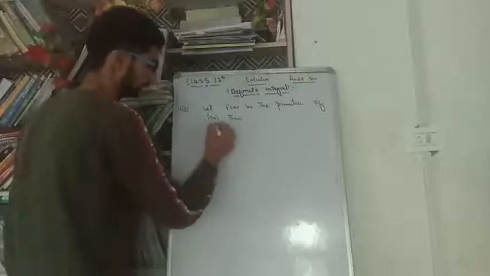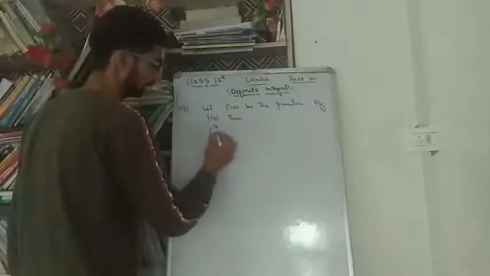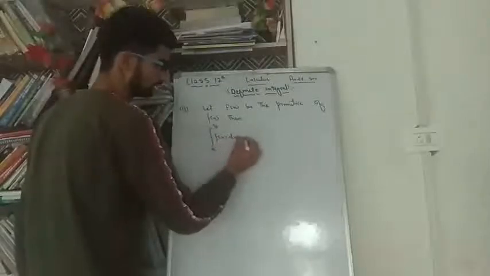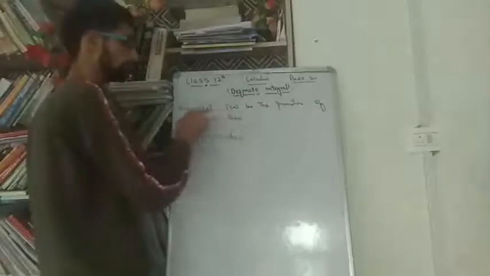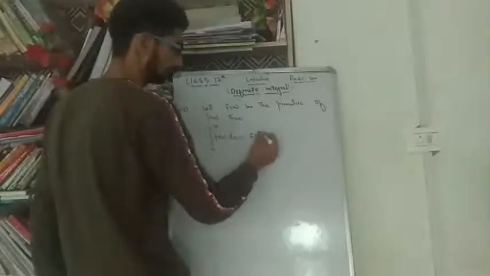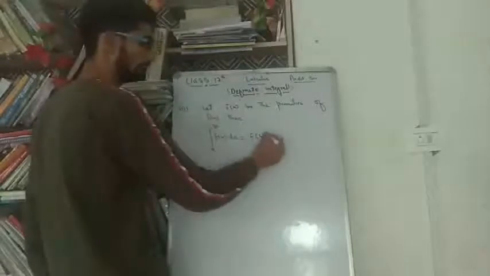the integral from a to b of f of x dx is the definite integral of this function. If this capital F of x is the primitive of this function f of x, then the definite integral of f of x from a to b dx is equal to F of b minus F of a.